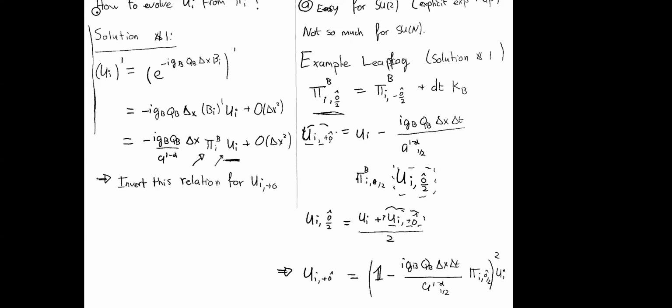Just to clarify what I just did again, you have this expression on the left for the time evolution of the link, and you see that this is equal to pi times u. The only subtlety is that when you have these expressions discretized on the lattice, they live at some point in space, but once you do some time evolution, you also need to evaluate them at the same moment in time.